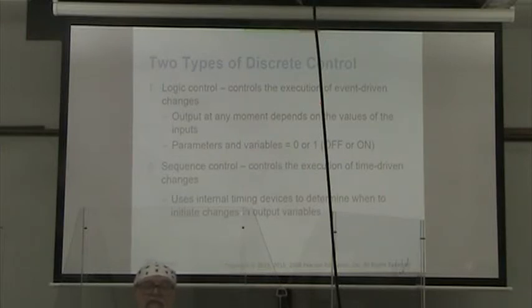So parameters and variables have a 0 or 1 condition, on or off. A sequence control, on the other hand, controls the execution of time-driven changes. So an internal timing device determines when to initiate changes in the output variables.